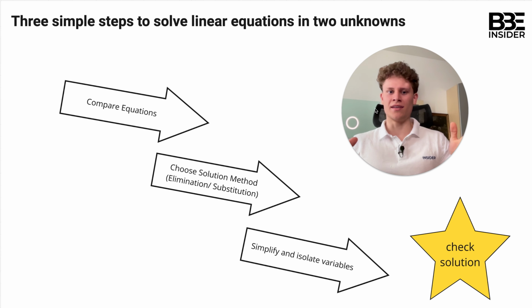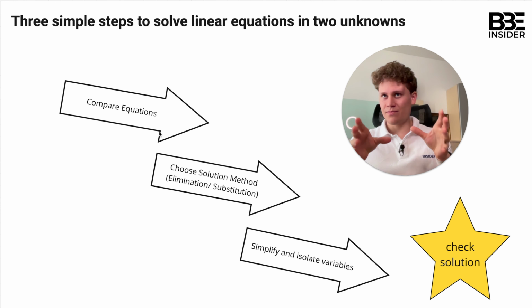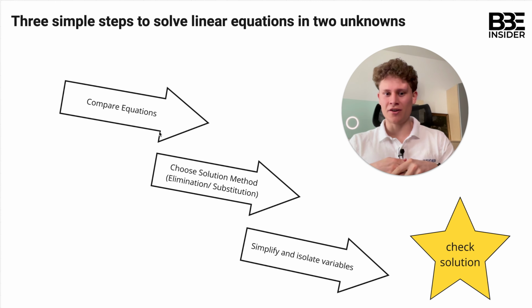When solving linear equations in two unknowns, we generally take three easy steps. First of all, we compare the equations. When you compare the equations, you can spot how they behave relative to each other, and based on that you can choose the correct solution method.